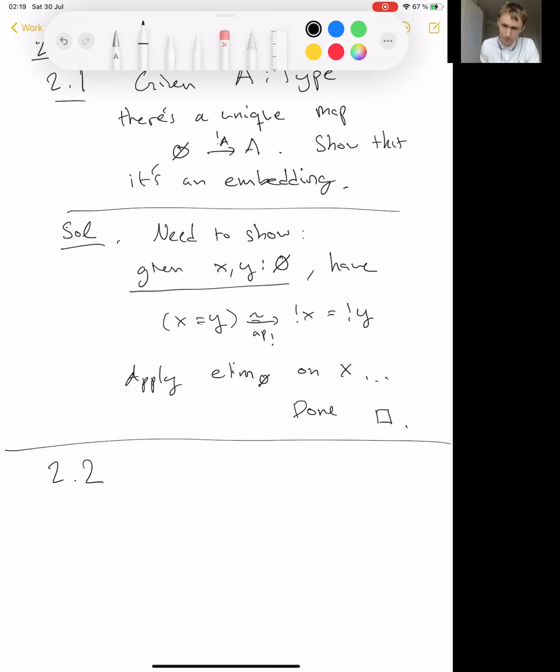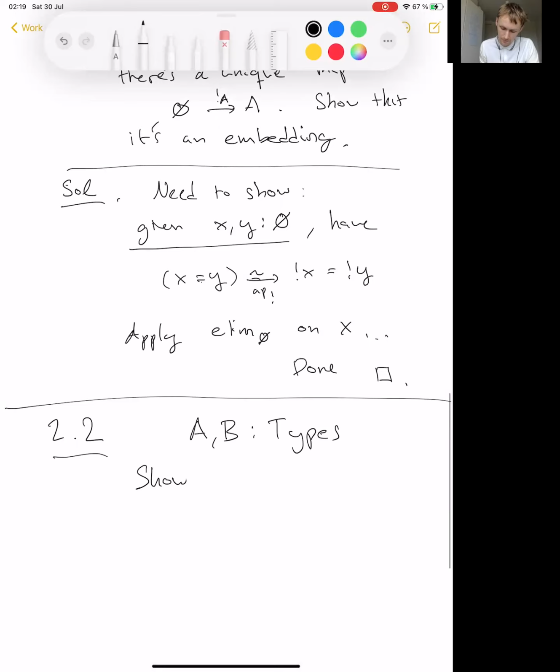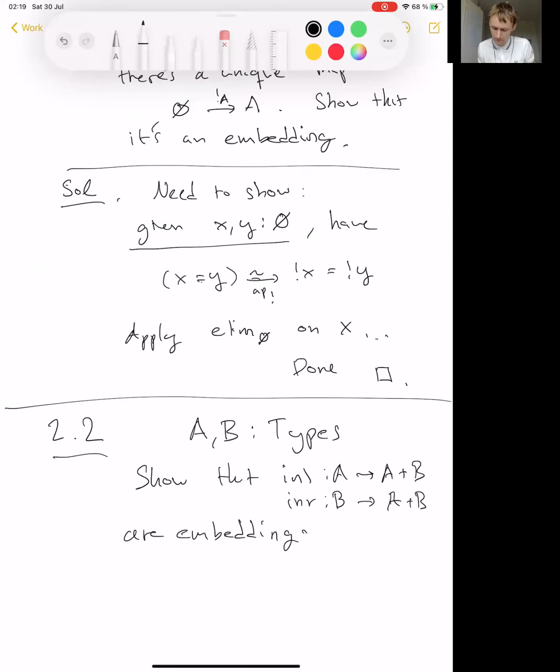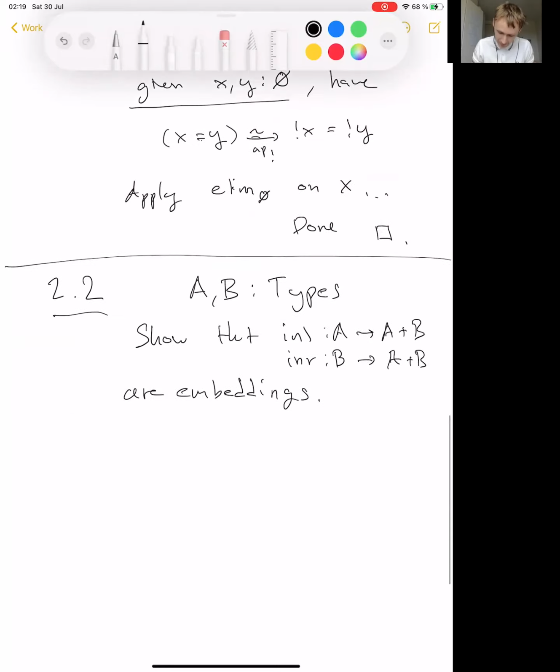So problem 2.2, given A and B types, show that in left from A to A plus B, and in right from B to A plus B are embeddings. Oh yeah, that was the whole problem. Sounds like I was going to continue there. No, that's the problem. Okay.